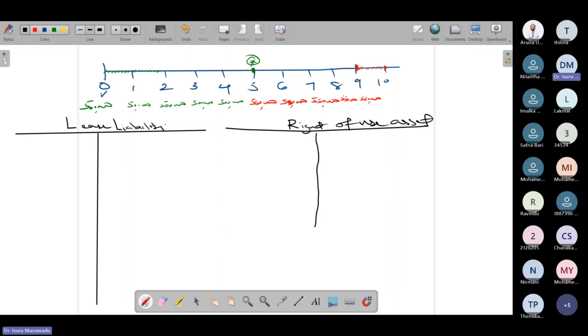So we need to recognize initially. What is the lease liability of this transaction? We need to take the present value of all these cash flows. My question: do we need to pay interest on this 500,000? Tell me.